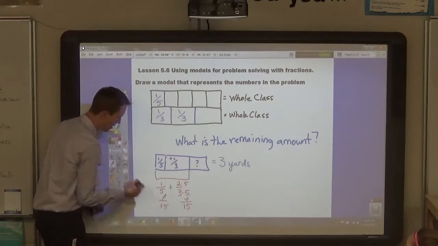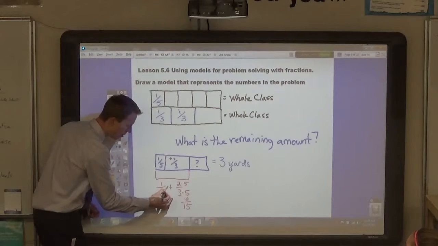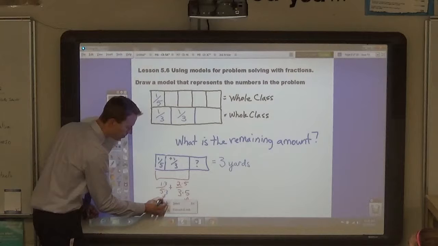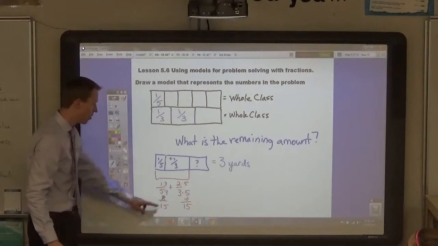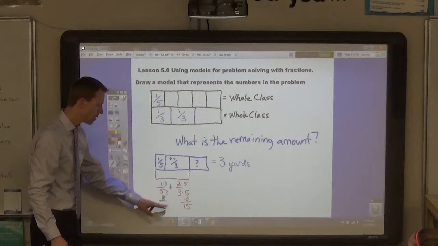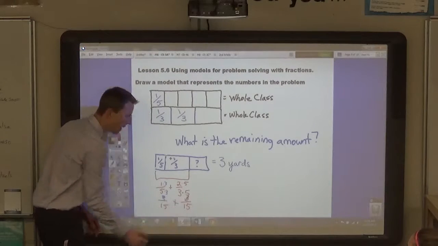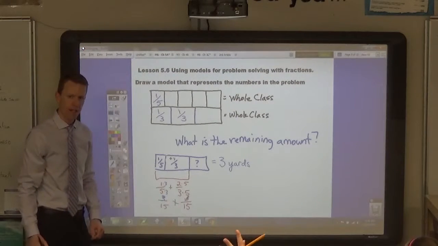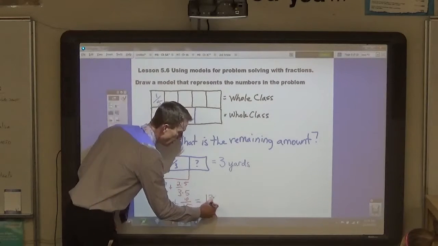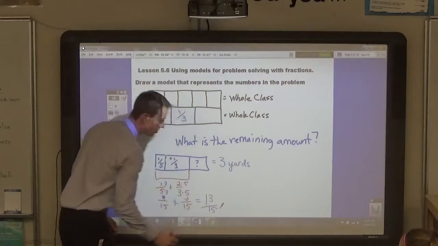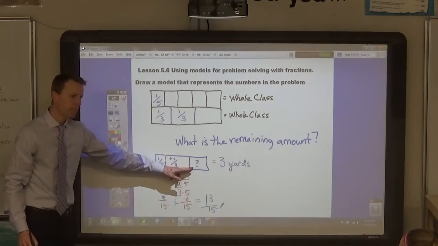And 1/5 is, you have to do times 3 to get 15ths. So 3 15ths plus 10 15ths is 13 15ths. So do we need 13 15ths?